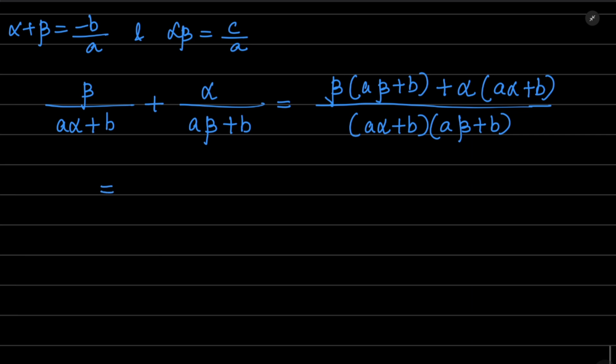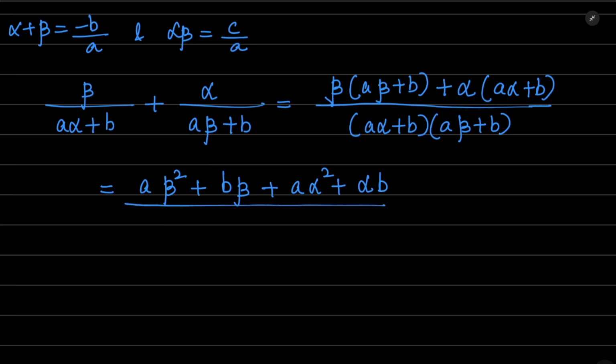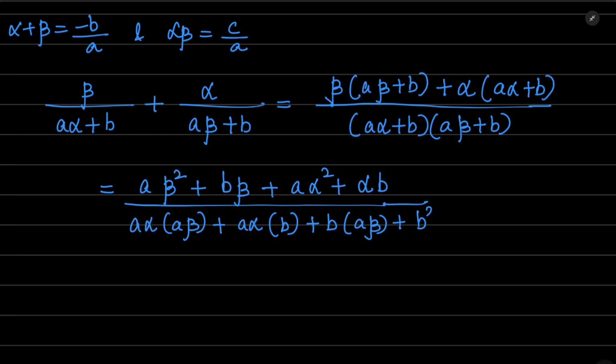So what you get here is a beta square plus b beta plus a alpha square plus alpha b. Okay, whole divided by a alpha into a beta, plus a alpha into b, plus b into a beta, plus b into b is b square.